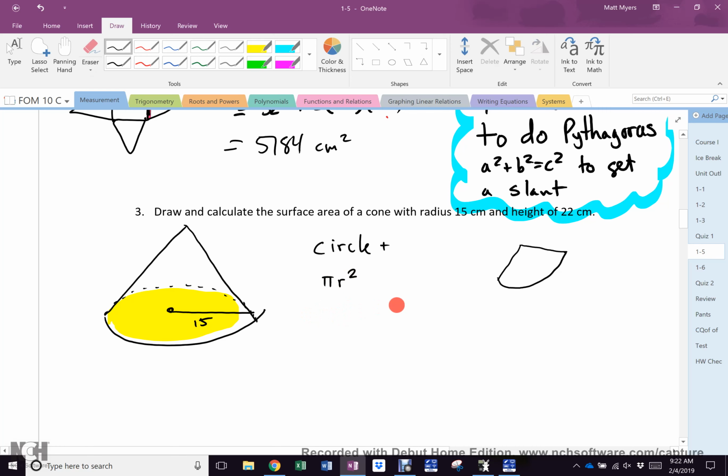But this isn't a whole circle, is it? It's an r, but it's not a whole circle. So what this area works out to is plus this shape, this piece of a circle, and that works out to pi r and then the slant. Where in this drawing would the slant live?